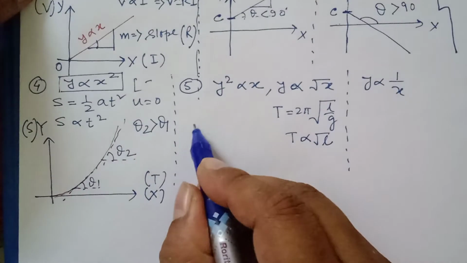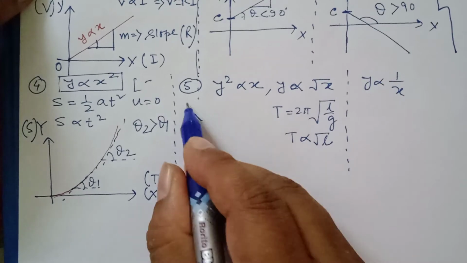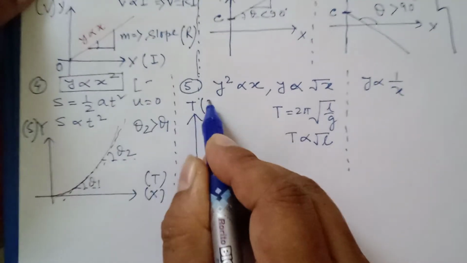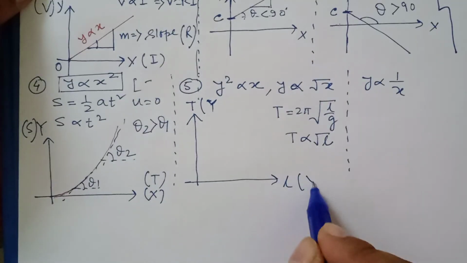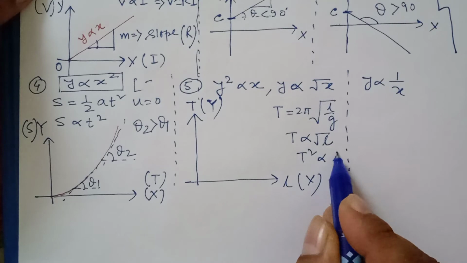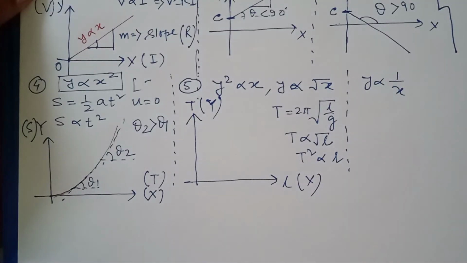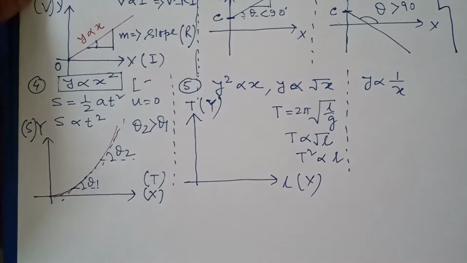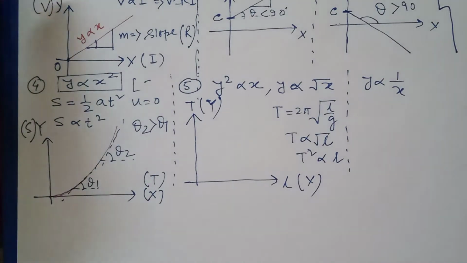So it means the time period is proportional to the square root of the length of the thread, the effective length of the pendulum. So now, students, you can draw a T versus L graph, or this is y, this is x. See, here T square is proportional to L, so here you actually draw a T square versus L graph, y square versus x graph. Then you tell me, what about this graph?